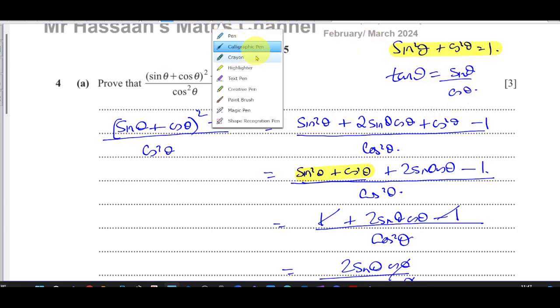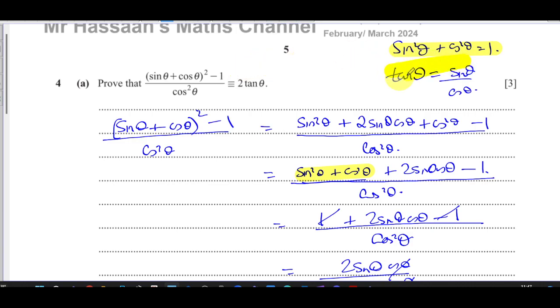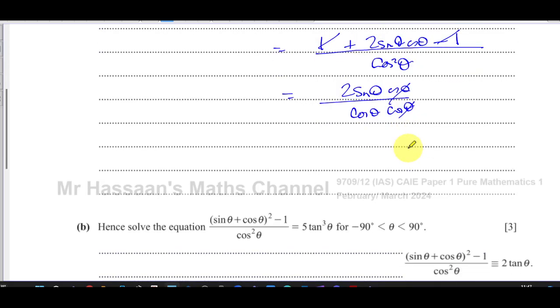Those are our two identities that we should be familiar with. They are written in the Cambridge formula sheet, so if you forget them, you can see them there. So we end up with 2 times tan theta, which is what we have to show. So there's your answer to part A.